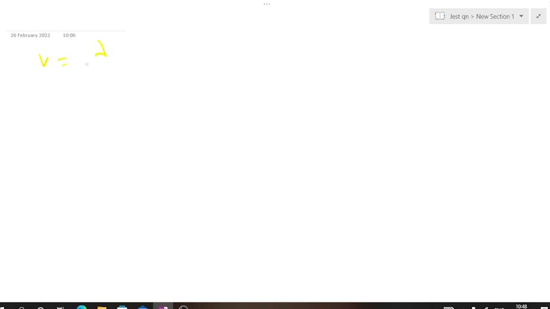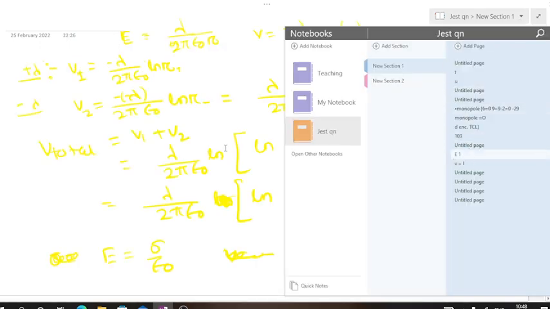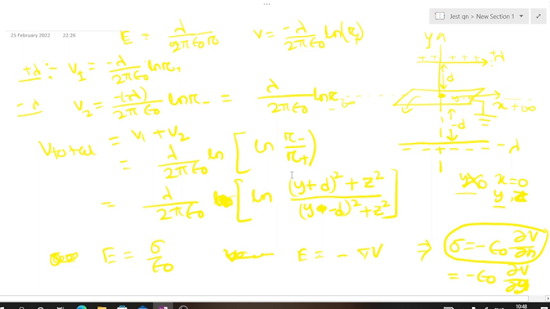Potential is lambda by 2 pi epsilon naught ln, sorry, I did a little mistake. Here it is the square of the distance, so to do the square, we have to multiply here another 2, that is 4.